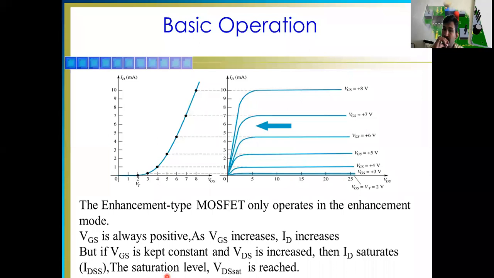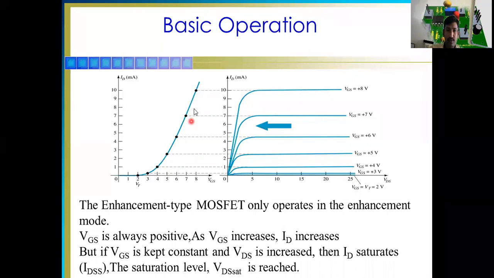So the saturation level reaches maximum. When it goes to the maximum at some level, see, this is the point. This is the constant, right? At some point, VGS gets a constant value.